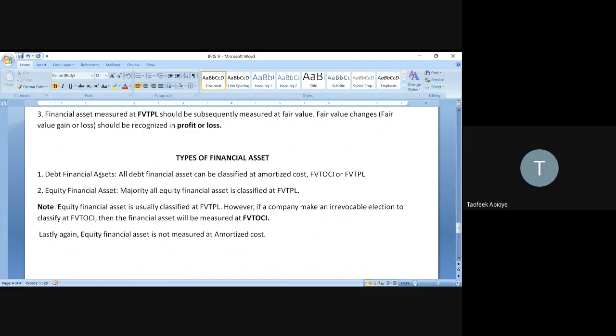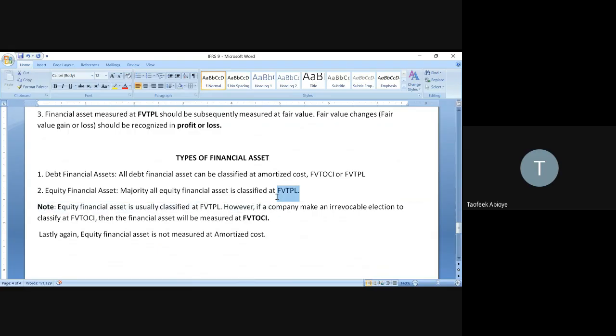I said it earlier, debt financial assets and equity financial assets. So all debt financial assets can be classified as amortized cost, fair value through OCI, or fair value through P or L, depending on the business model and the SPPI test. But equity financial instruments, you can only classify them as fair value through P or L. Why?